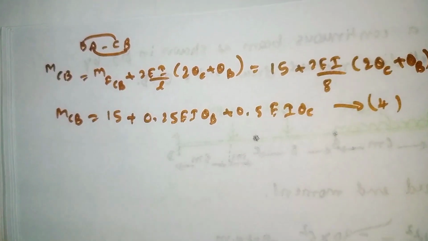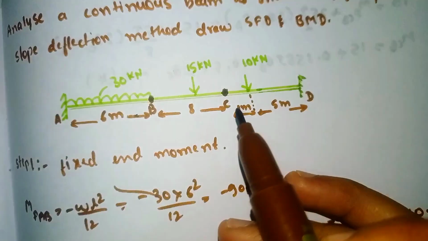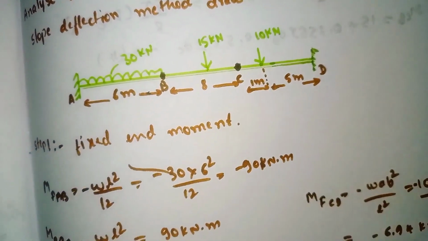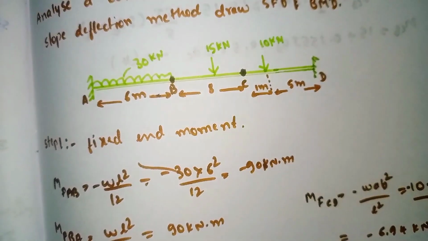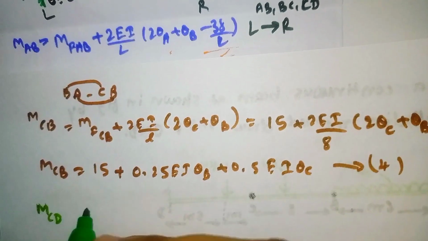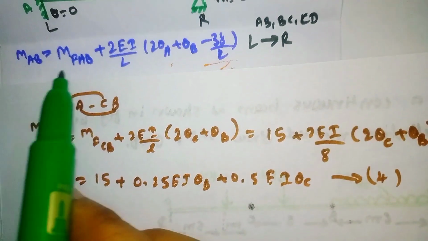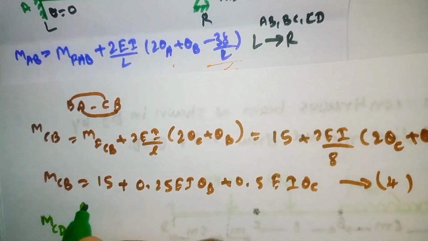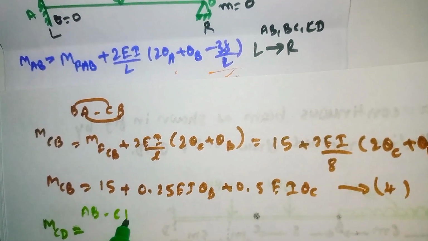So similarly for span CD, we need to apply the slope deflection equation. For MCD, we need to use again this formula. In case of AB, put CD.